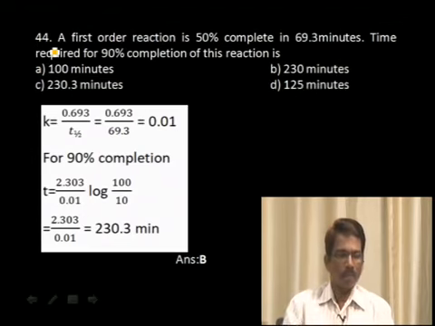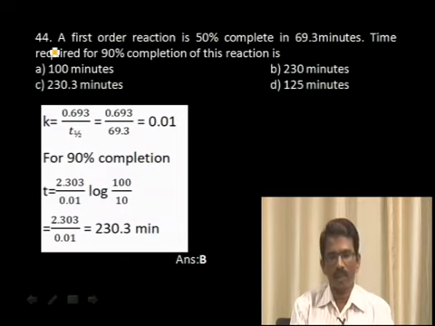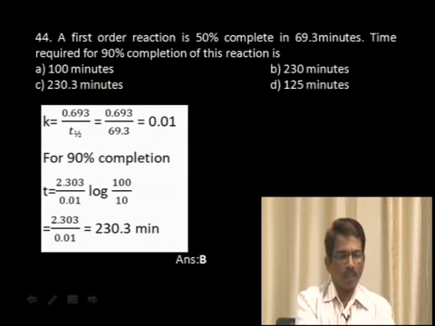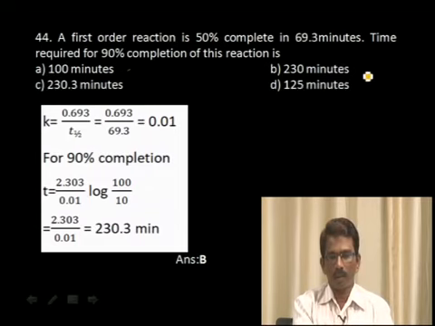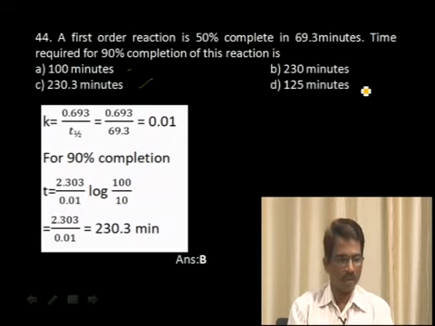And then in question number 44, a first order reaction is 50% completed in 69.3 minutes. The time required for 90% completion of the reaction. The options are 100 minutes, 230 minutes, 230.3 minutes and 125 minutes. The rate constant of a first order reaction is given by 0.693 by t half. 0.693 by 69.3 is equal to 0.01.